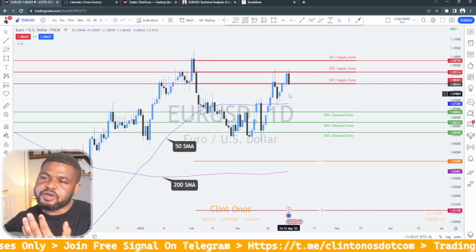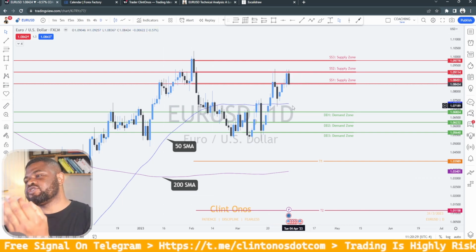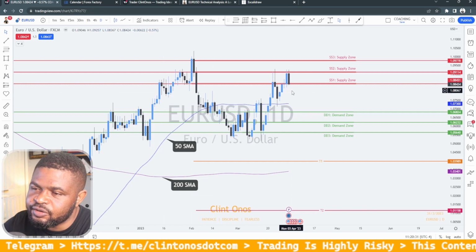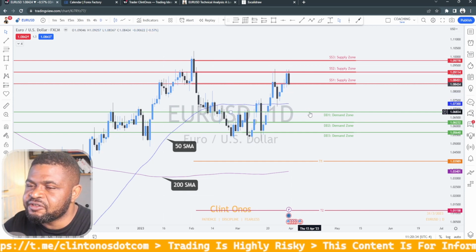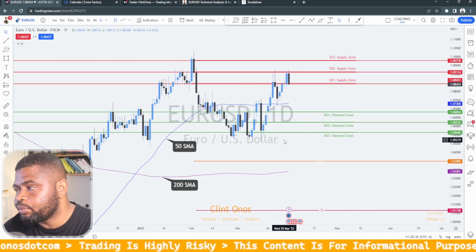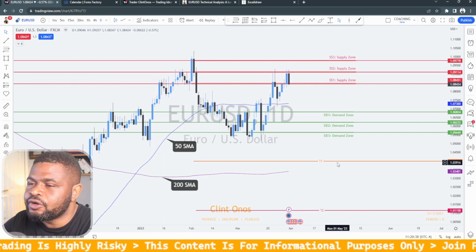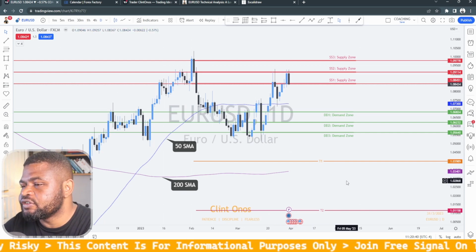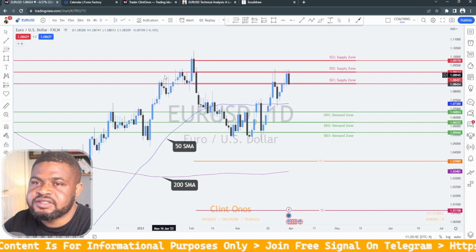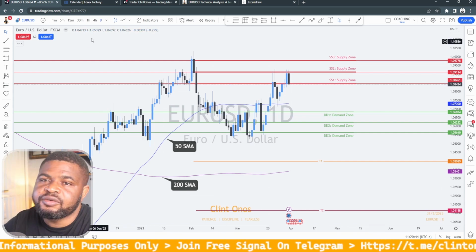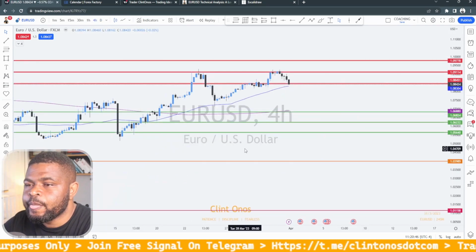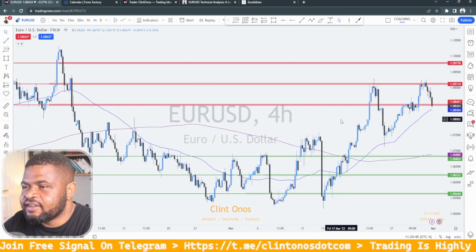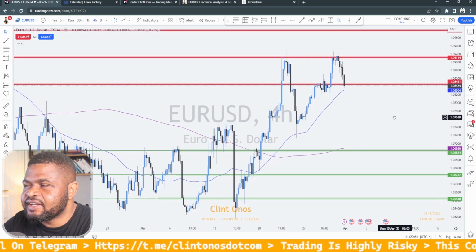So at the moment we are seeing a rejection. So my expectation going forward is that price is going to pull to this level. If this level could not hold price, price is going to go to target one around the 1.039889 level, right?